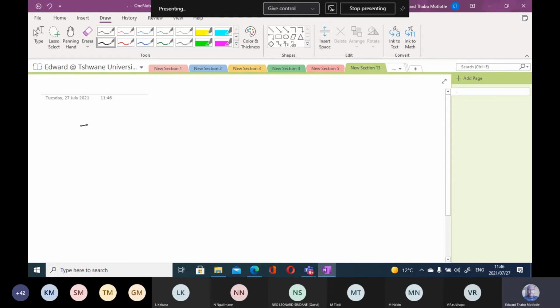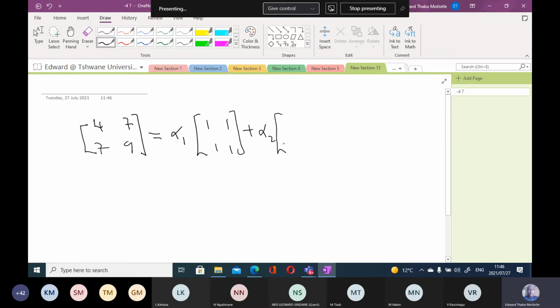So this is my M, 4, 7, 7, 9, equals alpha 1 multiplied by 1, 1, 1, and 1, plus alpha 2 multiplied by 1, 2, 3, and 4, plus alpha 3 multiplied by 1, 1, 4, and 5.